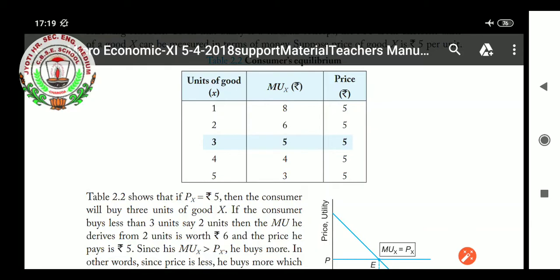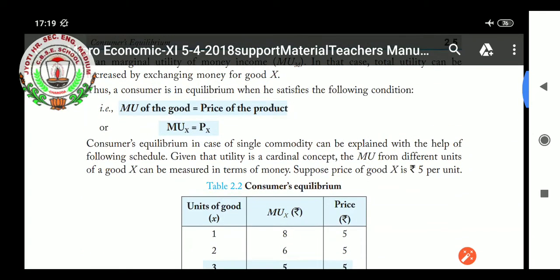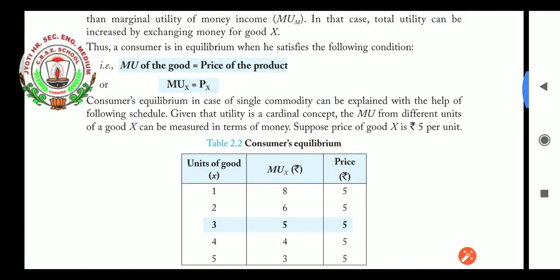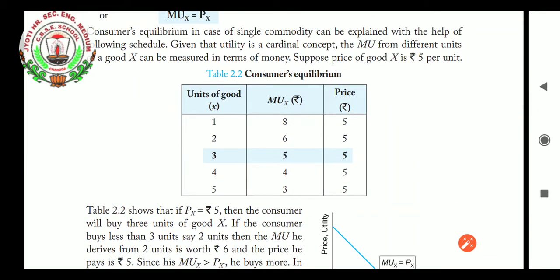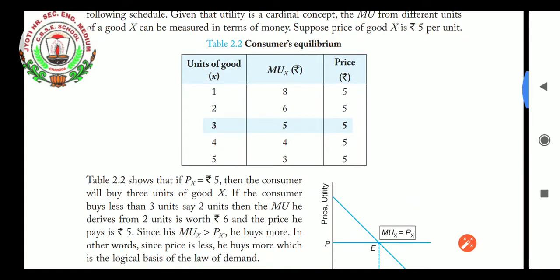So it is the consumer equilibrium point, because in our study we have learned that where MUX equals PX, that is the point where the consumer gets maximum satisfaction. It means his income level will match the satisfaction level of the goods he is consuming. So how many goods will he consume to be satisfied? 3 units of goods X he will purchase, then he will get marginal utility of X equal to 5, which matches the price of X. That is the point where the consumer gets equilibrium.